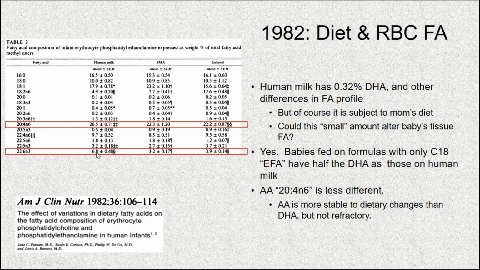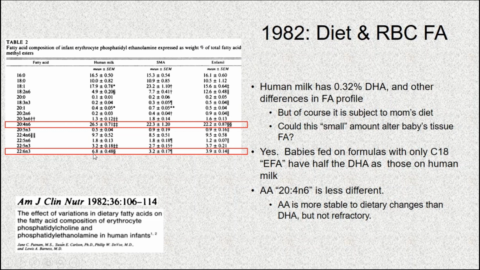And I'll draw your attention to DHA, 22:6, docosahexaenoic acid is 22:6. Now draw your attention here, and this is a human milk study, that the level of DHA is higher in the erythrocytes of infants fed human milk than those fed formula. So you see 6.8, 3.2, 3.9.